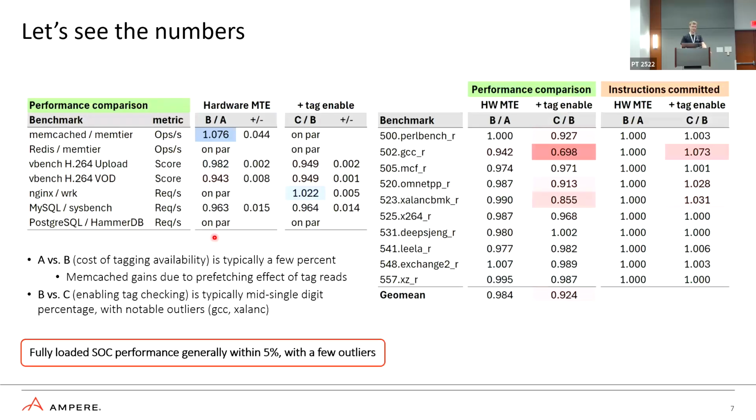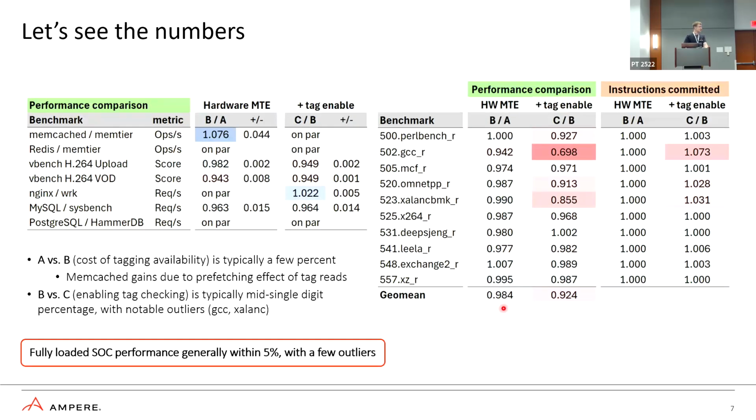There's a few losses in the 2 to 5% range. Memcached actually gains significantly from a prefetching effect of tag reads. It feels like a microarchitectural feature waiting to be born. And likewise on SPEC, although looking at B versus A, it varies by workload, the average is about 1.5%. So typically in the 1 to 2% range for making tagging available.